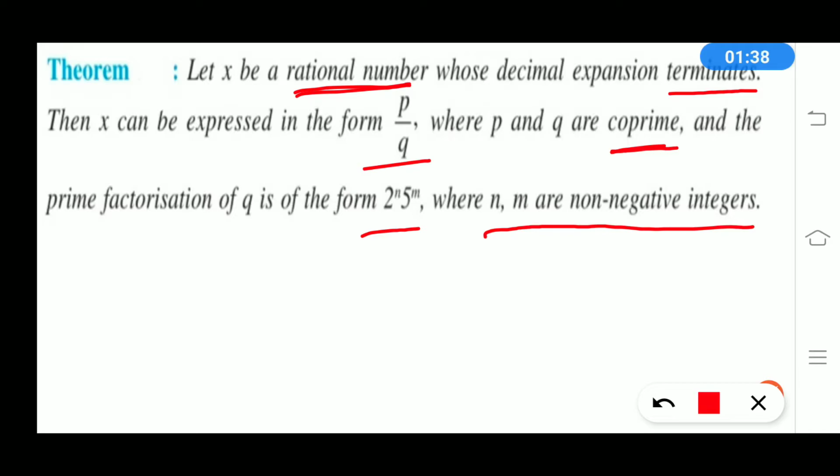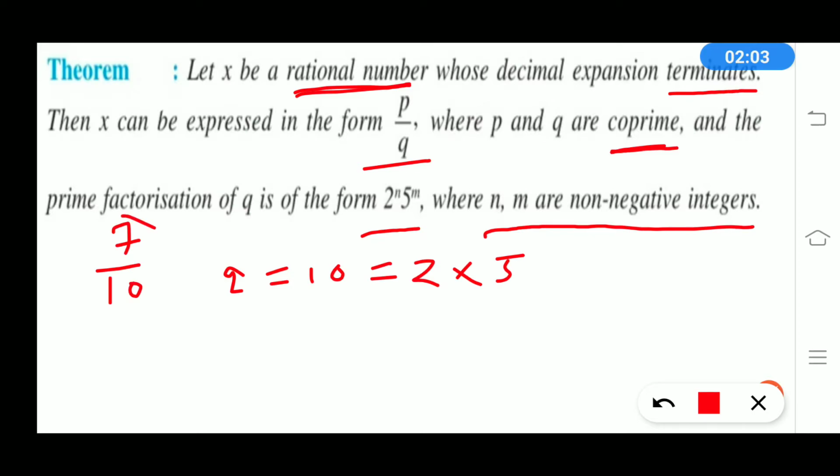That means if we take 7 by 10, where 7 and 10 are co-primes, so here q equals 10, and 10 equals 2 into 5. That means q can be written, or can be factorized, in the form of 2 to the power n into 5 to the power m.